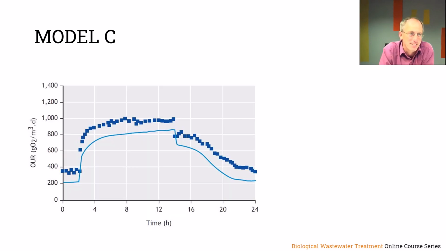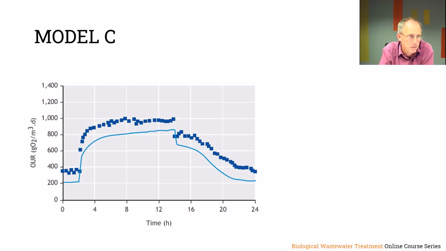So if we implement the new model now, then we see that the measured oxygen uptake rate still has more or less the same profile as the simulated oxygen uptake rate, but suddenly we have a decreased total oxygen uptake rate.